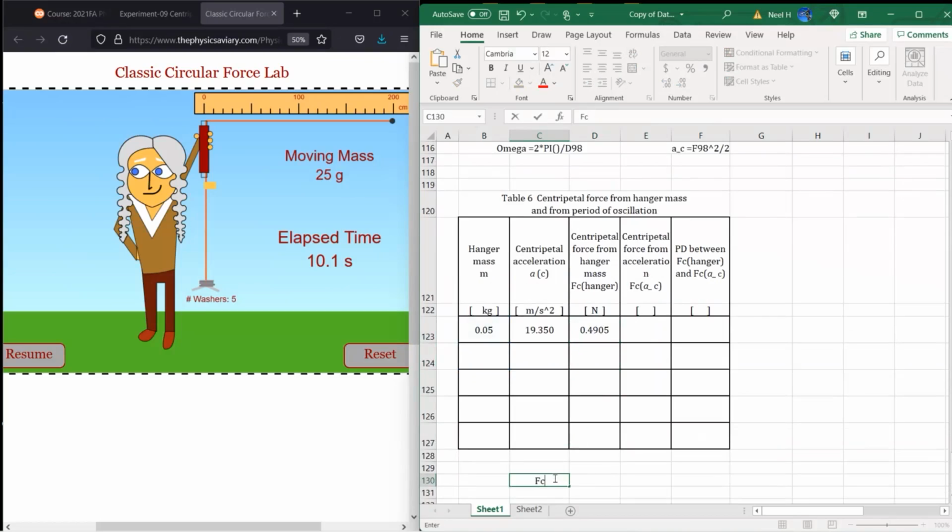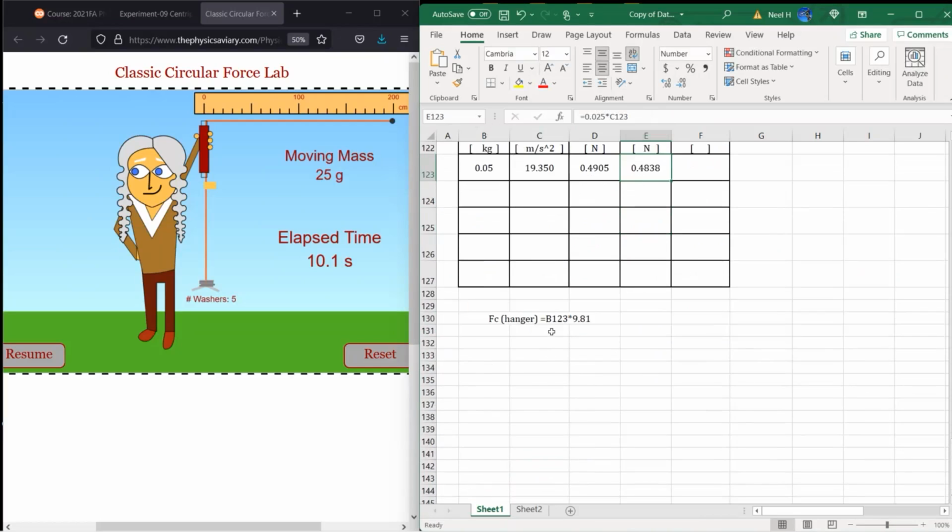This is F_c by hanger mass. Then let's check that by using the centripetal acceleration, which is equal to mass of the moving object 0.025 times the centripetal acceleration C123. So we are expecting this to be about the same. Don't keep too many sig figs. Okay, about 4 is fine, not anything more than that. Exactly, we are getting about the same number. F_c from a_c.